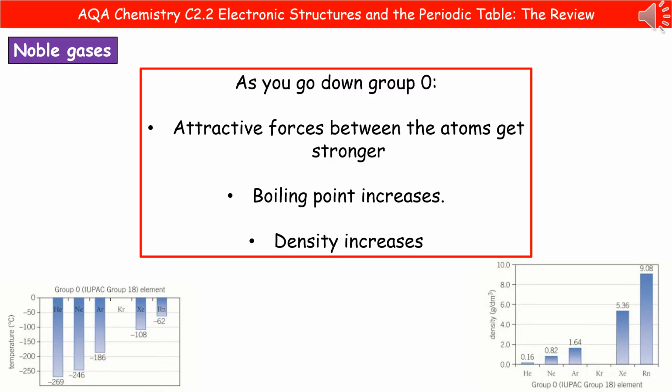Because you may notice that on each of those graphs, krypton is missing. So they could give you all of the others within the group and ask you to predict the boiling point or the density for the unknown element. So what you need to do there is work out the differences between them and then work out what that missing bar would be.